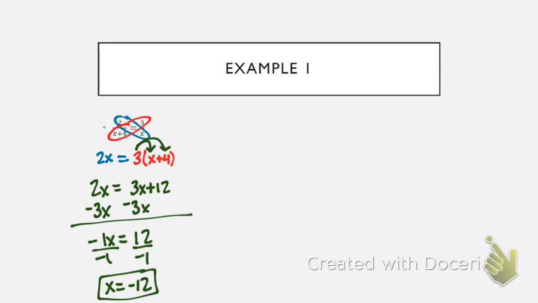The first step to solving is to cross multiply. After we cross multiply, we have just a normal equation that we have to solve. In this case, it's linear, so it's very simple. Just move x to the other side, and we have x equals negative 12.